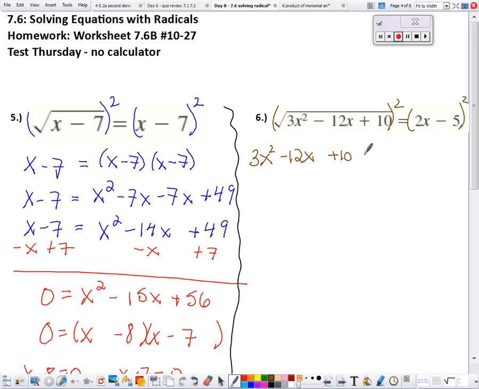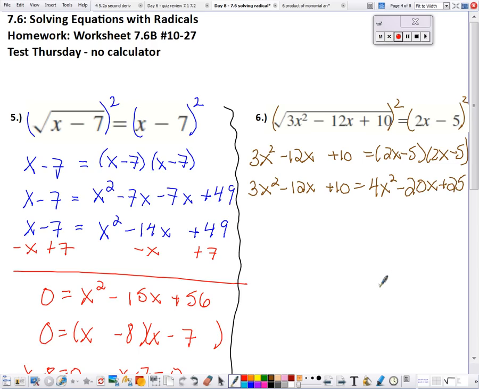And remember, that means multiplied by itself. So when I multiply these binomials together, we get 4x squared minus 20x plus 25.